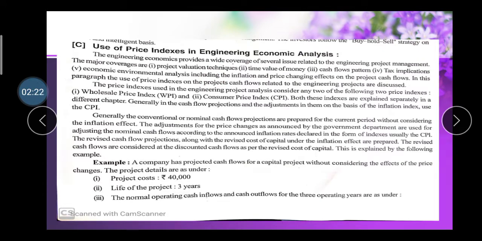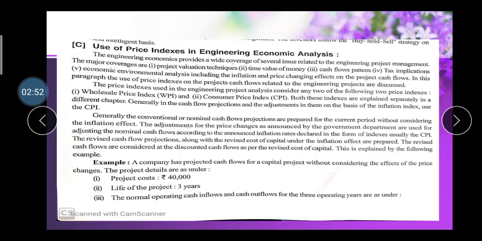Okay. Generally, the conventional nominal cash flow projections are prepared for the current period without considering the inflation effect. The adjustment for changes announced by the government department is used for adjusting this nominal cash flow, and accordingly they announce the inflation rate, usually declared from the index, the CPI, the consumer price index ratio.